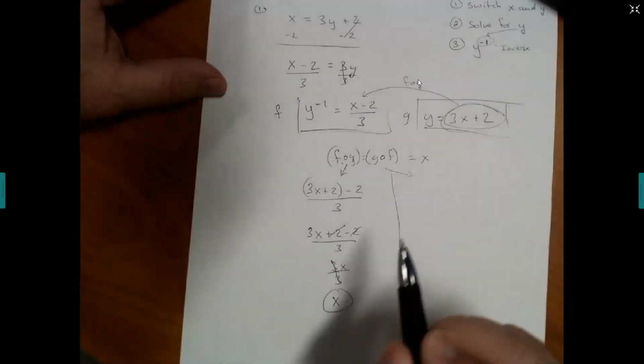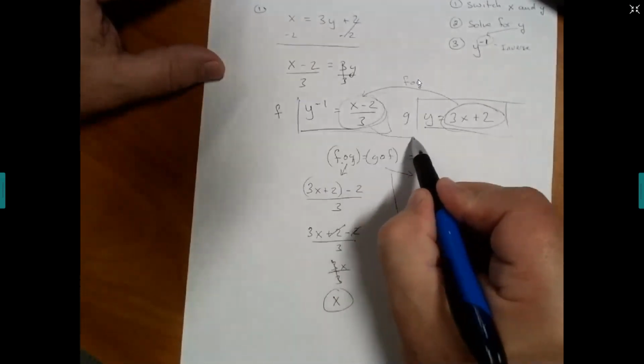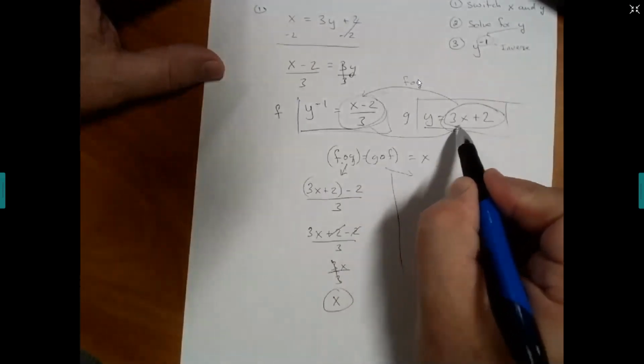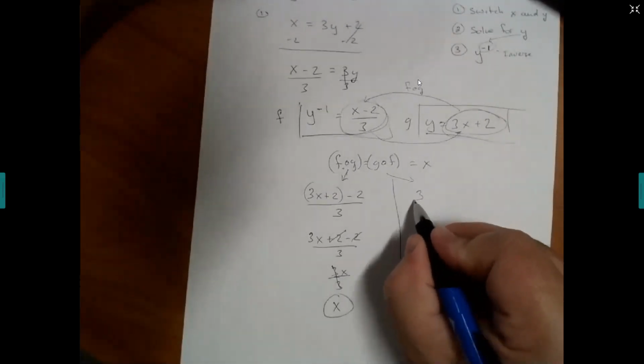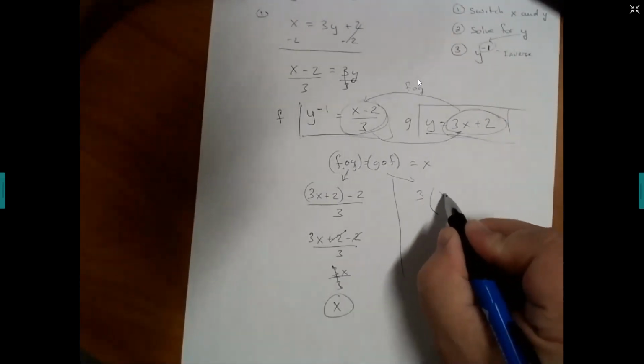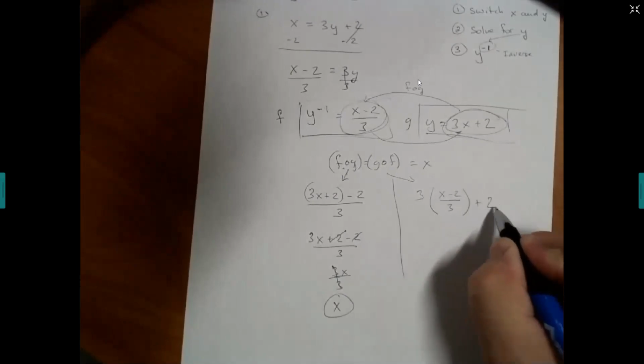Now try the g of f. In the g of f, whatever the f function is, I take it and plug it anywhere I see an x in the g function. So it's 3 times x minus 2 over 3 plus 2.